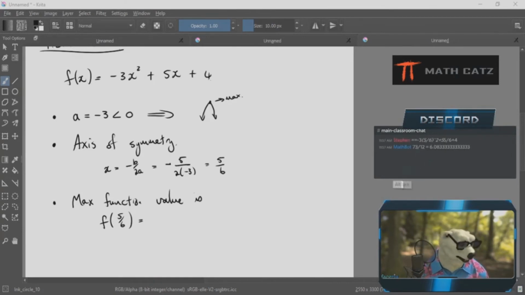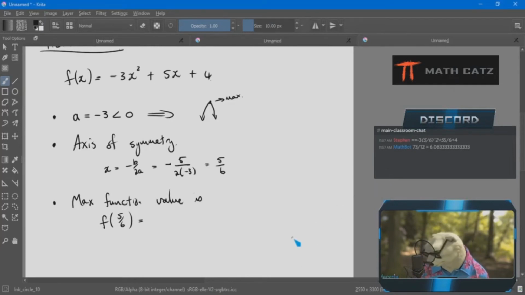What does MathBot say? MathBot says, oh, it gives me a fraction as well. That is very nice. 73 over 12. I don't really want to round it. I'll leave it as a fraction. So that means my vertex is the point 5 over 6, 73 over 12.